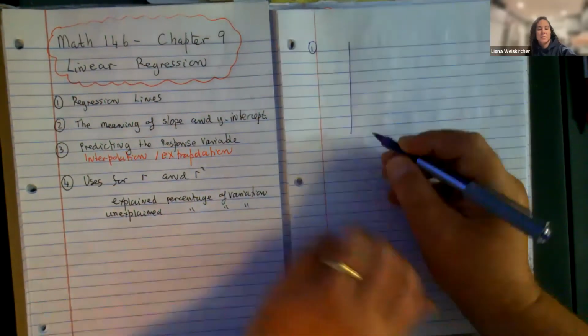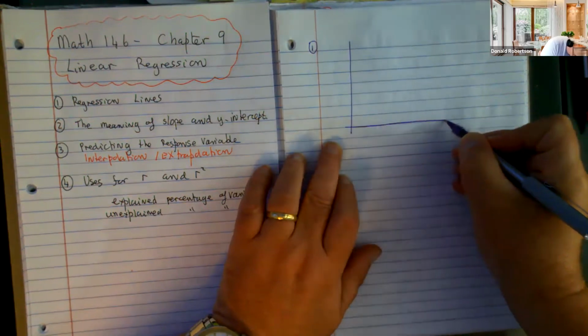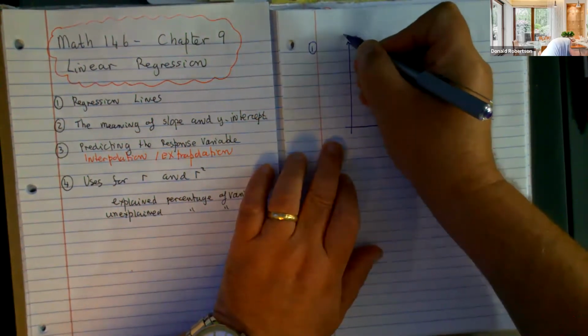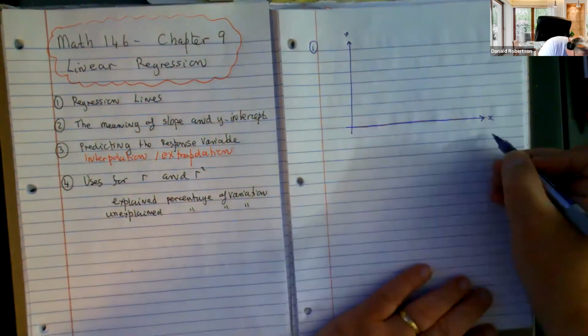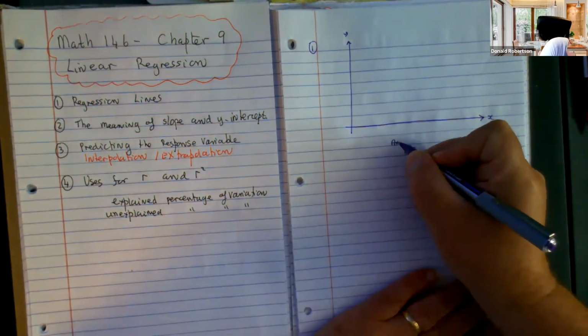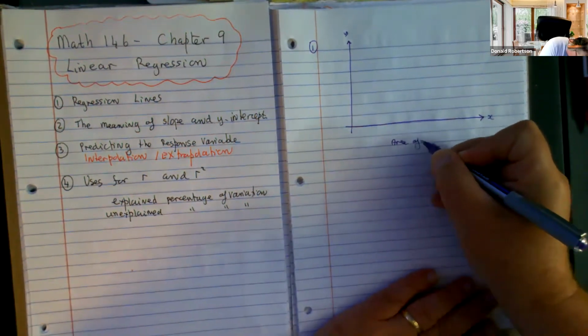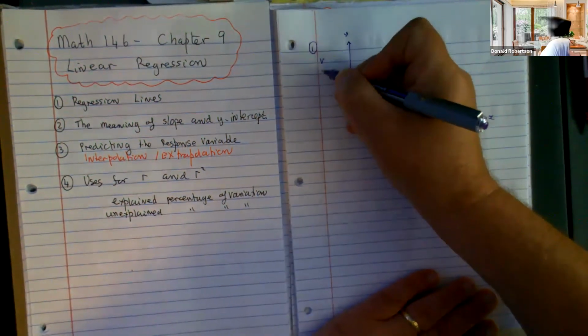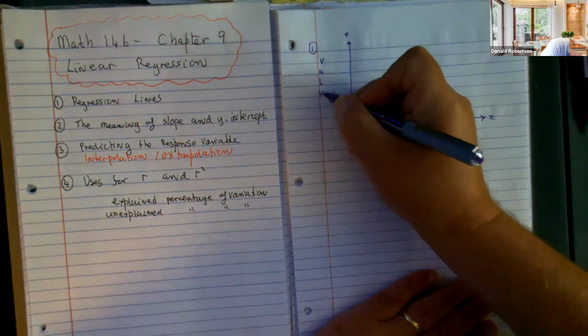Well, you collect your data and you make a scatter plot. Then you'll have an X and a Y axis. Let's give them names. Let's have X, the area of a house, and Y being its value. In other words, what you could get if you sold it.